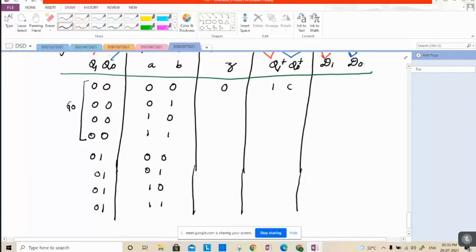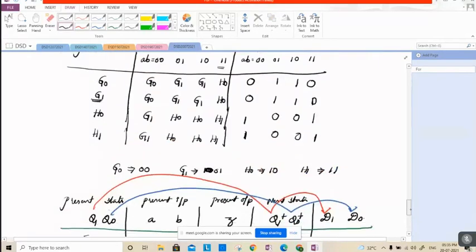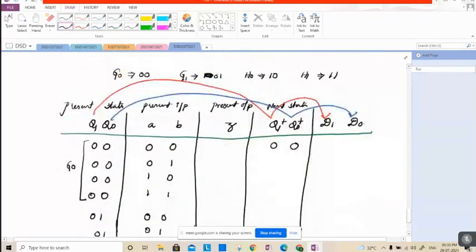G0, so 0 0. Next state is 0 0 and output is 0.